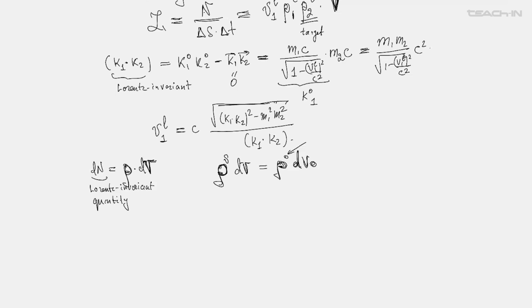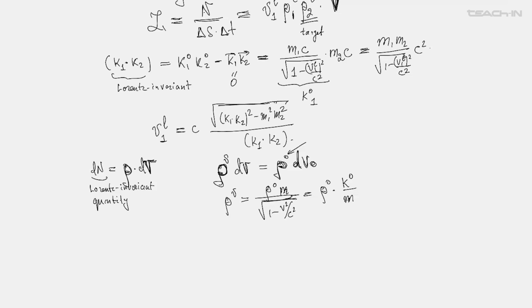rho is simply given by rho 0 and then this relativistic prefactor, which describes contraction of the length in the direction of motion. If you wish, you can rewrite it as rho 0 multiplied by K0 divided by the mass, because I can multiply and divide by mass and by c squared.